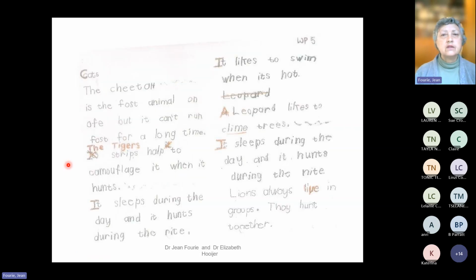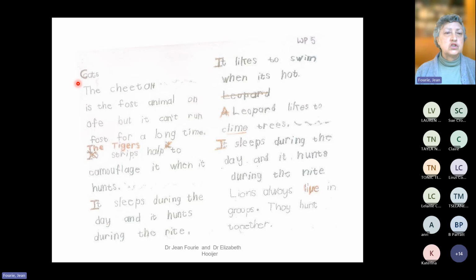Okay, so we're in this stage now with the child. The child gets a red pen in their hand and is asked, as we read this, to see where we need to put capitals and full stops, and does it make sense, and are we going to make any changes?